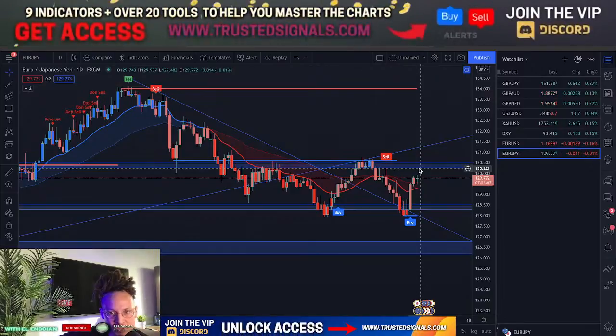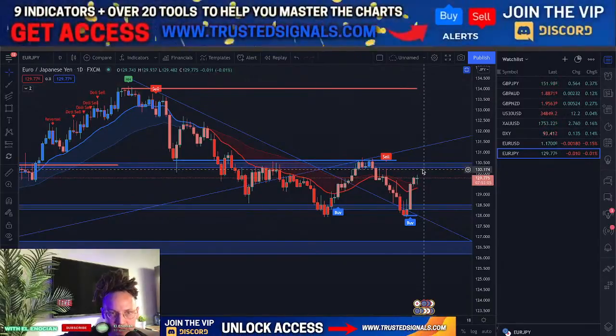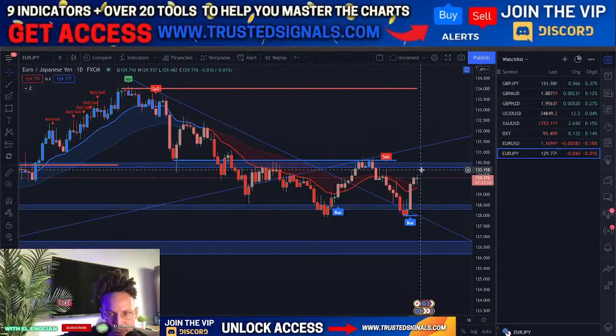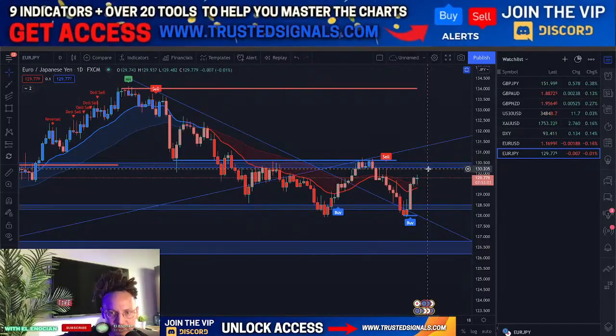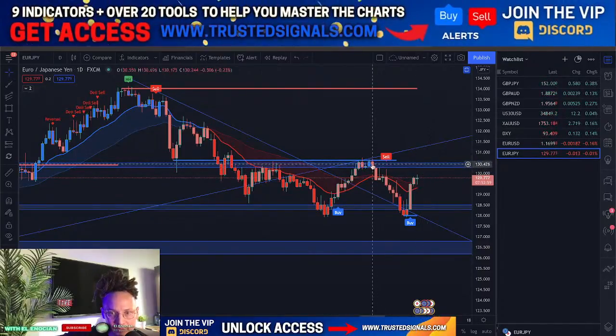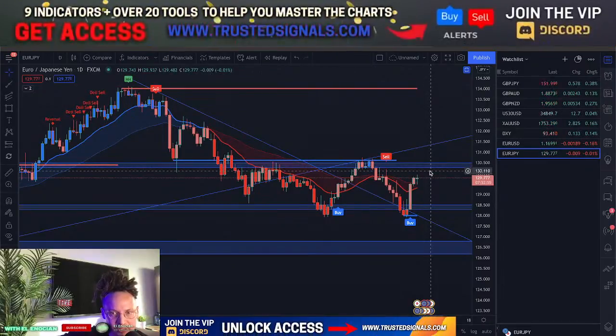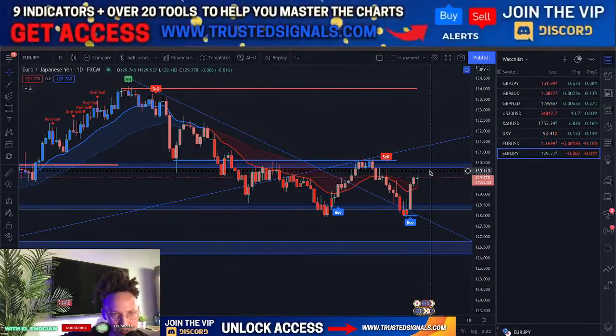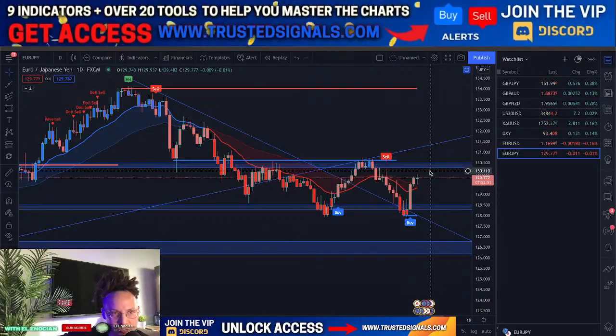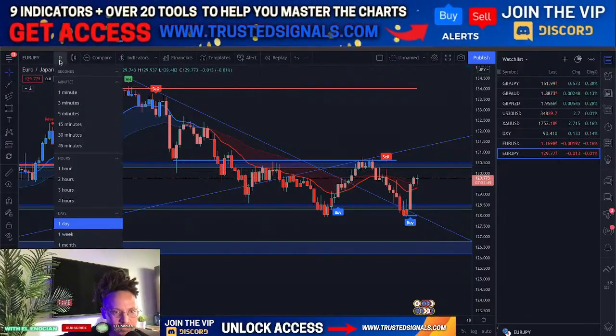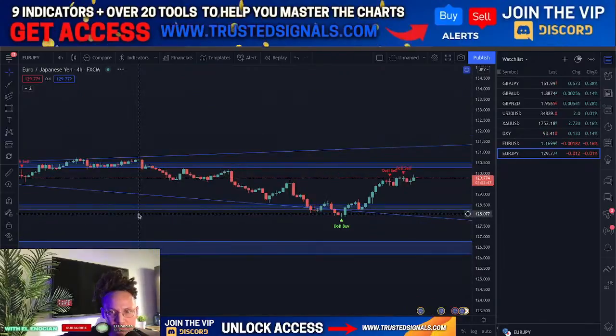If you see a rejection right here on the daily zone and price fails to break higher than this previous high, then that's an indication that we could possibly see a short coming in on UJ. So with that being said, we'll go into the 4 hour.